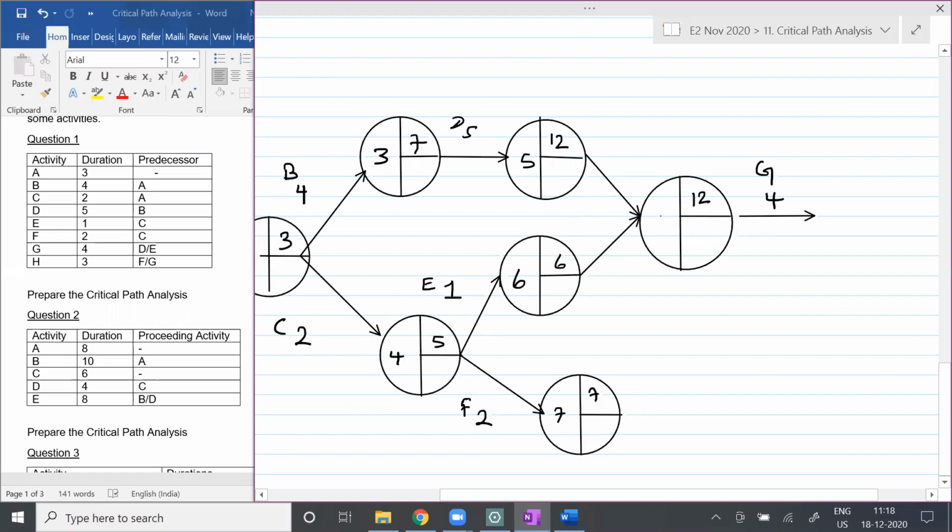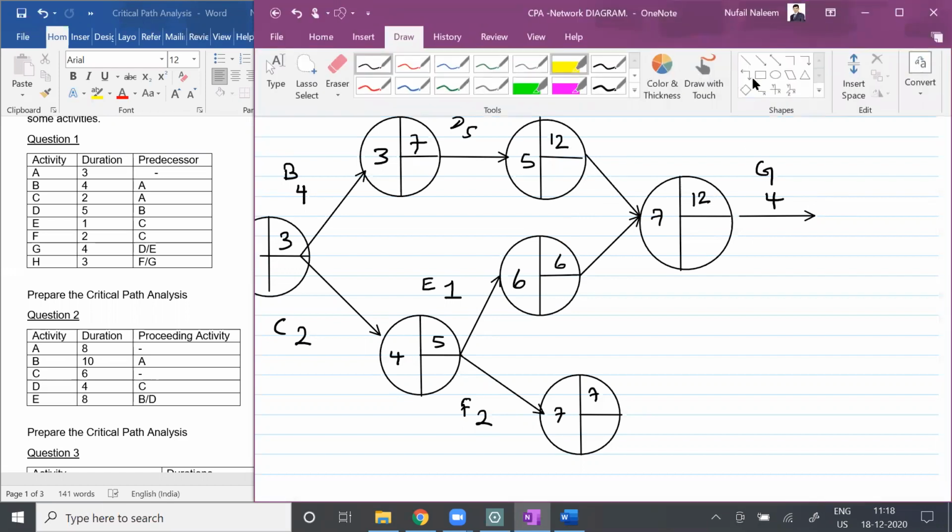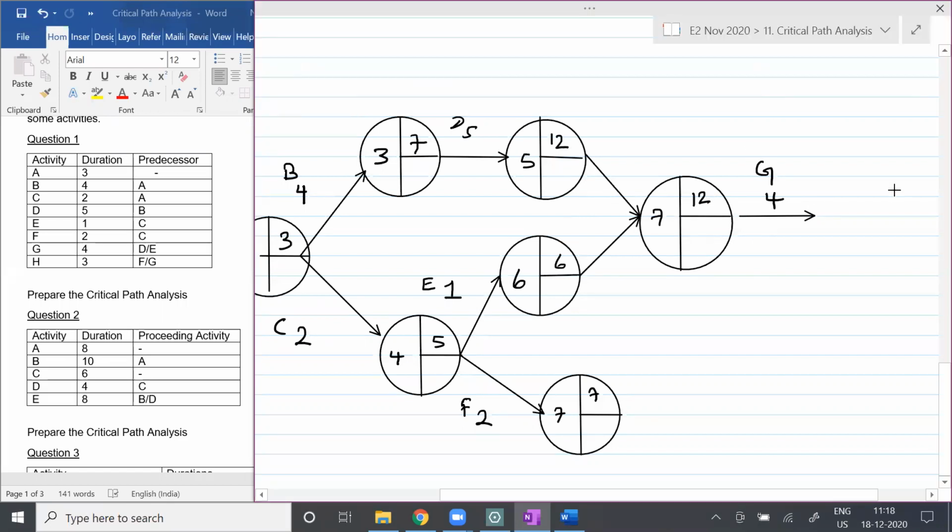Now this is the 7. These two should be completed maximum within how many days? 12 days, so that you can start doing G. Are you understanding that, students?